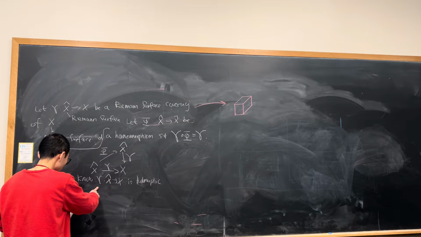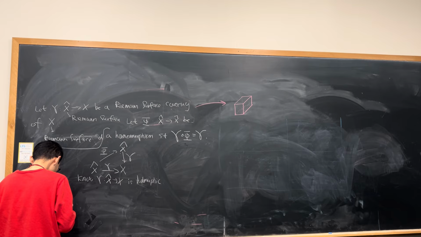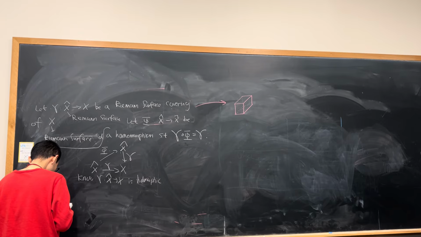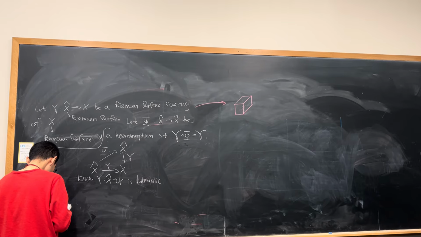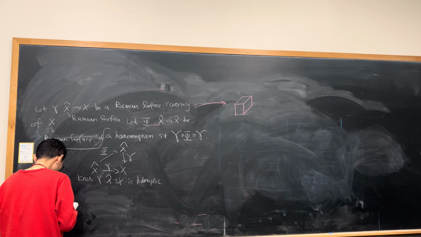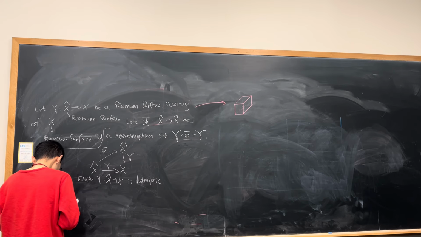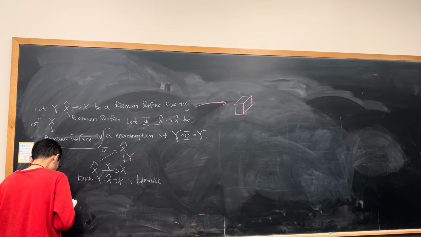It's a holomorphic mapping from this one Riemann surface to another Riemann surface. And then this is also a covering Riemann surface of this Riemann surface x hat to this Riemann surface x.